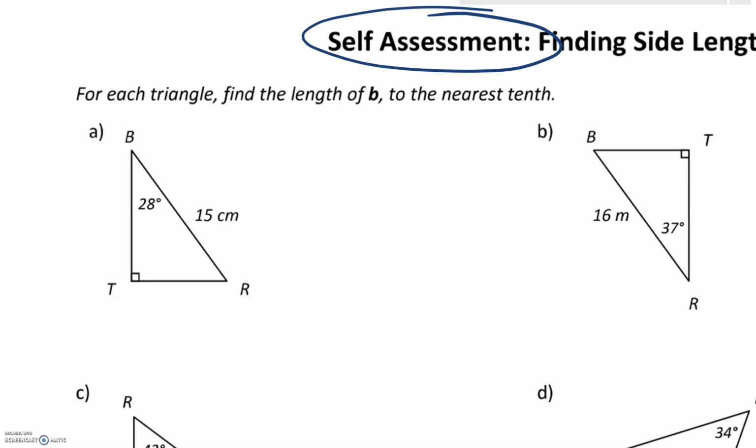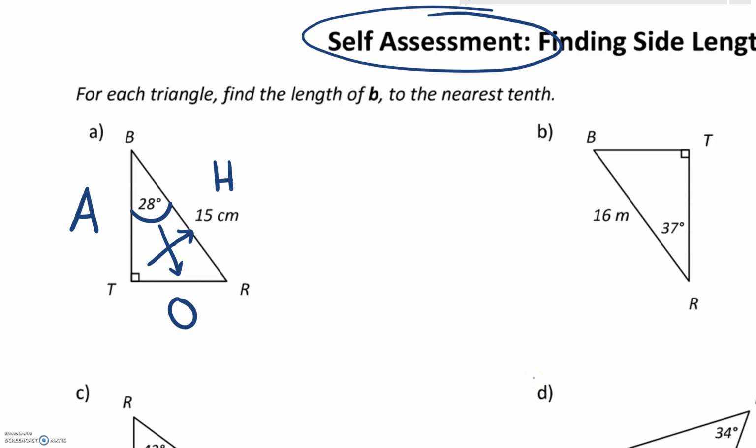I think the first thing you should do is always label your sides before you even do anything. Across from the 90-degree angle, we have the hypotenuse. Across from the given angle is the opposite. And that leaves side BT as lowercase r. We also have to look at the instructions.